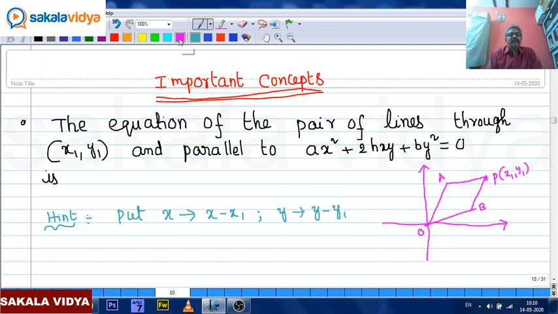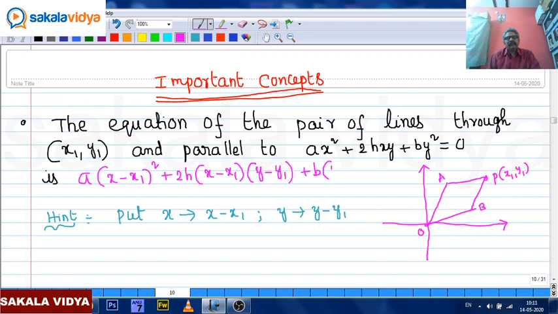So that's why you remember: a times (x minus x1) whole square plus 2h times (x minus x1)(y minus y1) plus b times (y minus y1) whole square is equal to 0. Now the combined equation of PA and PB will be evaluated.